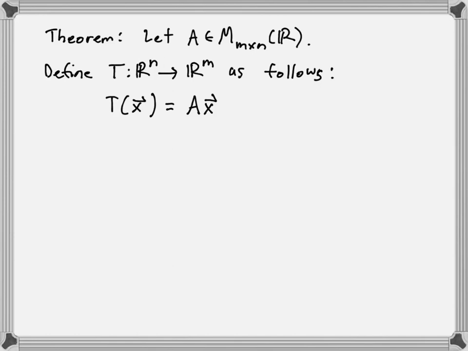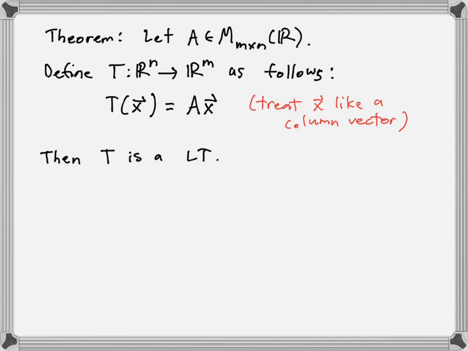And what do we mean by a matrix times a vector? I need to specify here that we are treating x like a column vector whenever we do this. What does the theorem say? T is a linear transformation.